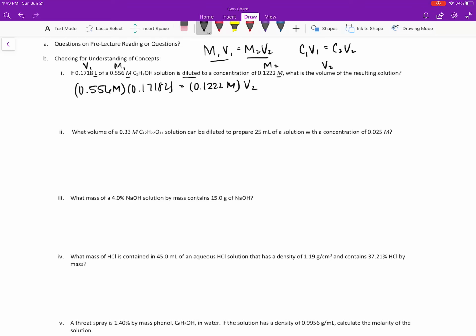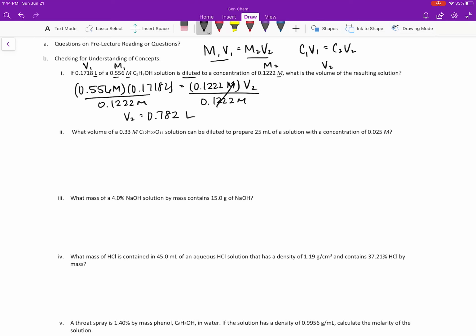And I'm going to multiply the values on the left and divide by the molarity on either side. That's going to give me a volume of 0.782 liters. I have 3 sig figs here, so my final answer is going to have 3 sig figs as well.